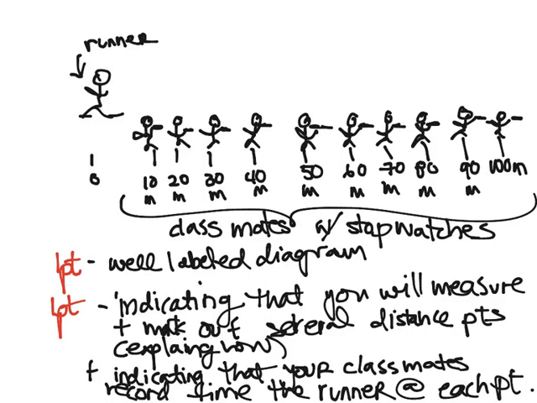So, for example, you could say something like, well, each classmate will stand at a 10-meter mark. We'll mark out the 10 meters by measuring 10-meter sets with a meter stick and marking them with chalk. All the students will start as soon as the runner starts, and then record the time that the runner passes them.